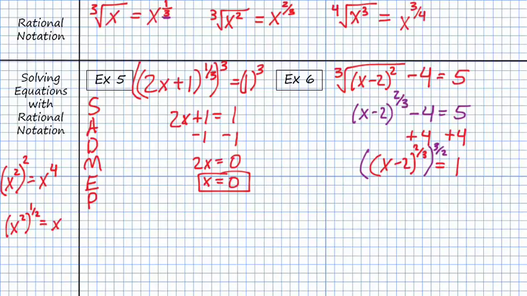So we have x minus 2 is equal to 1 to the 3 over 2 power. Luckily for us, 1 to the 3rd power is 1, and then the square root of 1 will also be 1. So this will be 1 here. And so you get x is equal to 3.